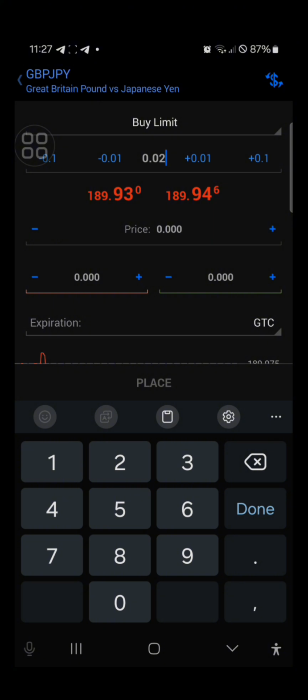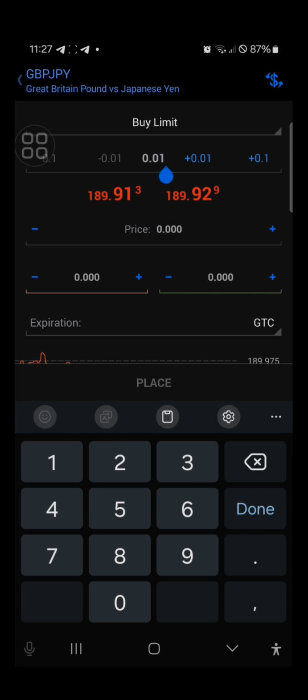I may make another video about how to know the actual position size to use depending on what you are willing to risk on each trade. But for now let's move back to what we're doing here.